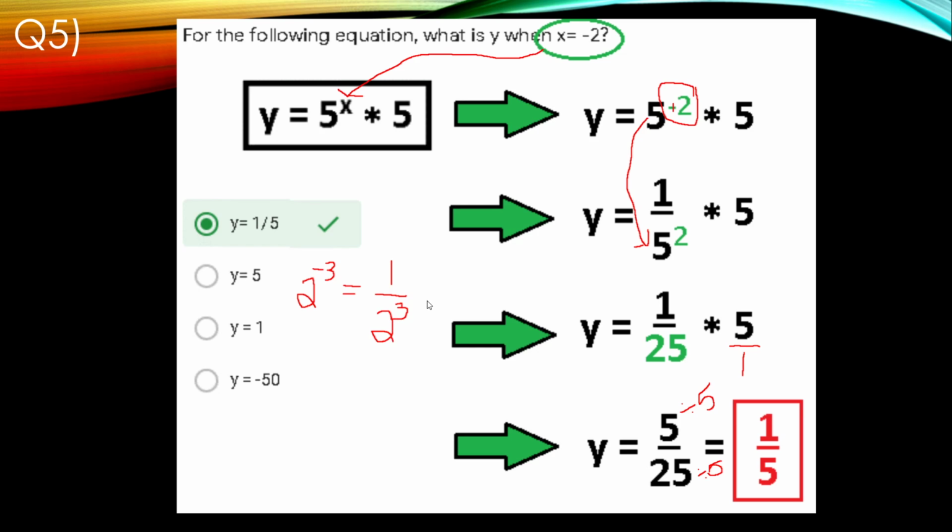So you get rid of that negative by flipping wherever the 2 is. If you had something like 1 over 2 to the negative 3, you can do the same thing the other way around. You bring this up to the numerator, and we turn this negative exponent positive.